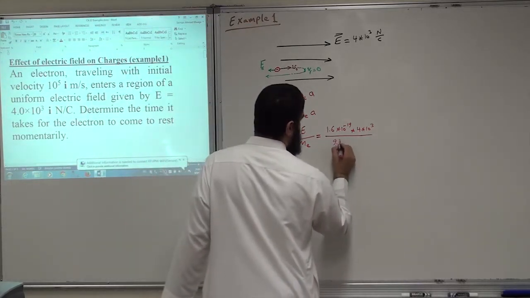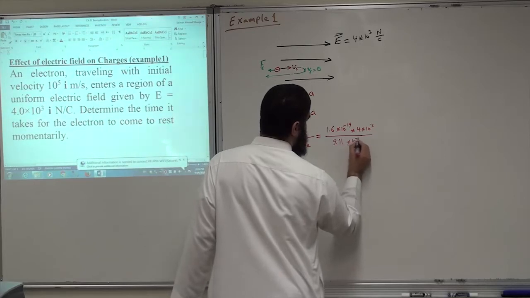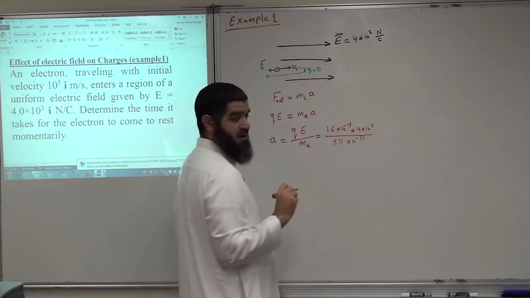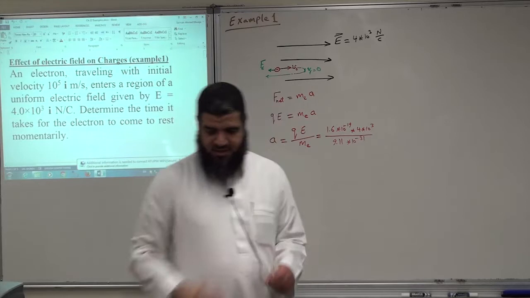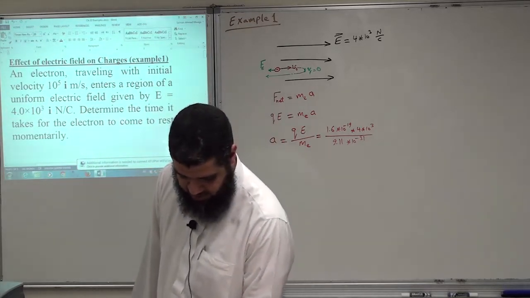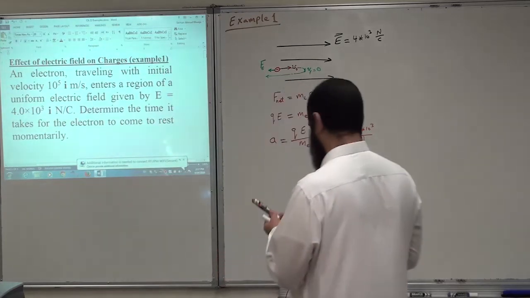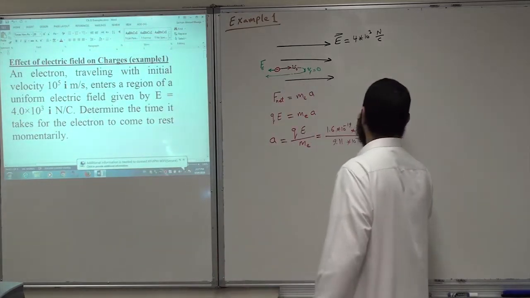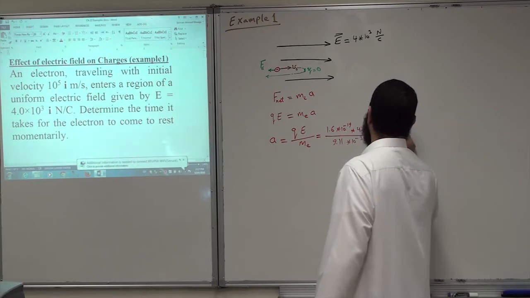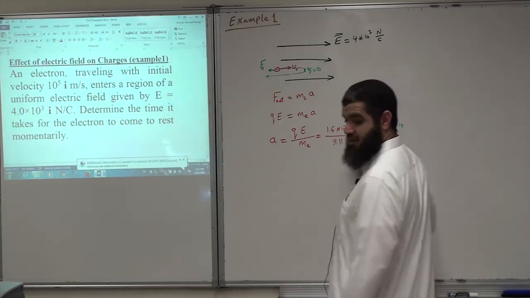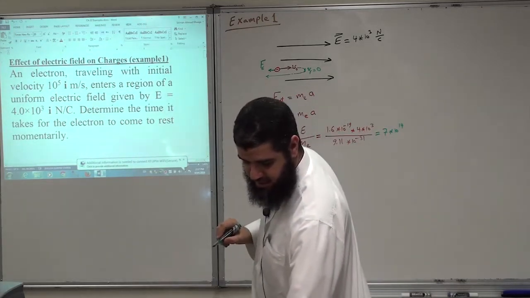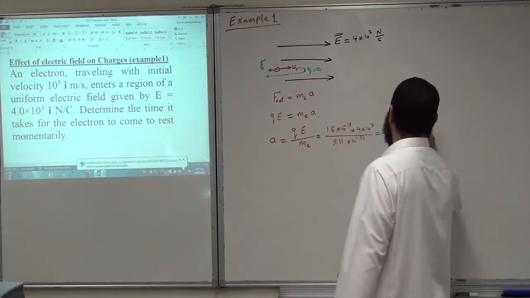So this is 9.11 times 10 to the minus 31 kilograms. And if you do this calculation, you will get the acceleration. It is 7 times 10 to the power 14 meters per second squared.